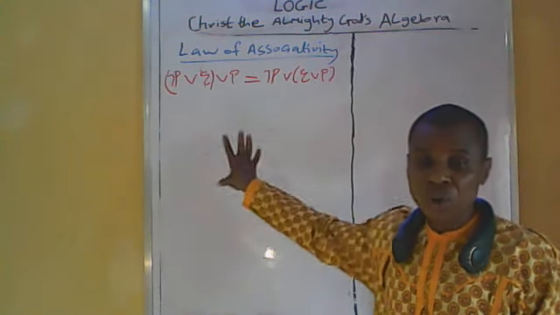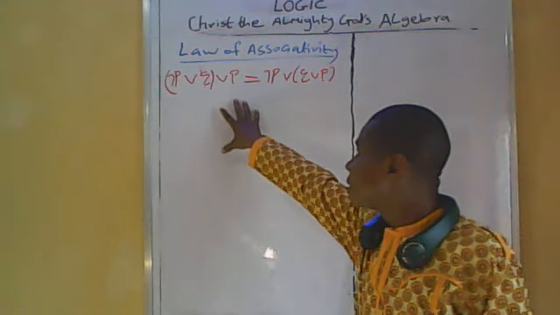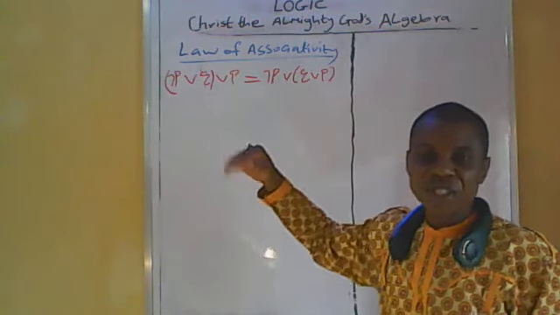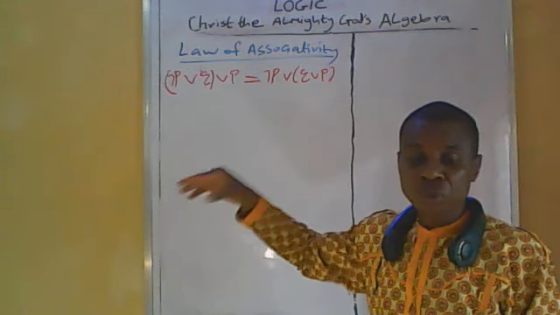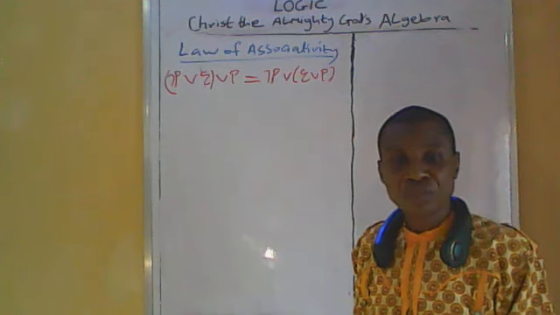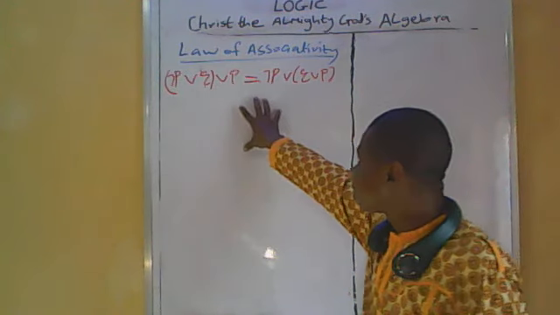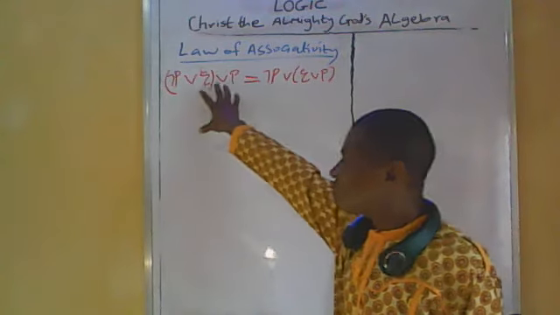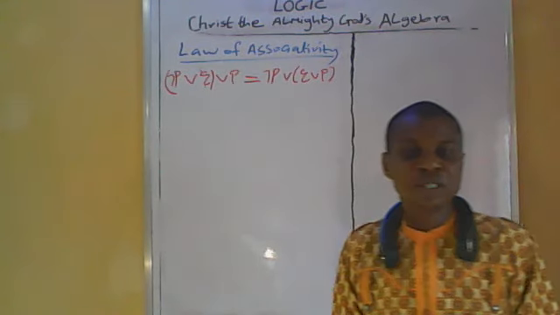And this law is in disjunctive statement. We have treated the law in conjunctive statement. Today is in disjunctive statement. We are going to prove that this side is equal to this side and this side is equal to this side. Let's start.